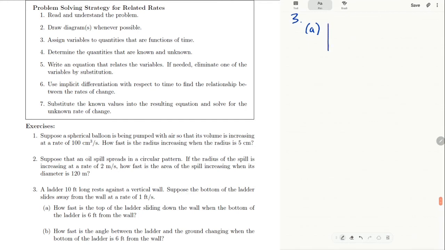So in general, we have a vertical wall and the ladder, which rests along the wall, which is 10 feet long.